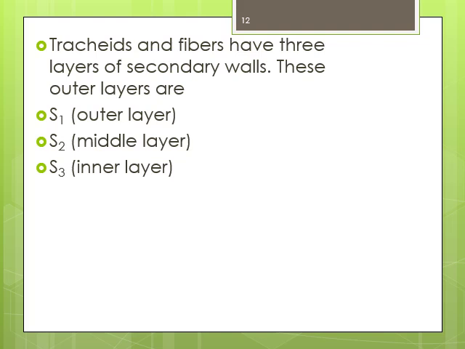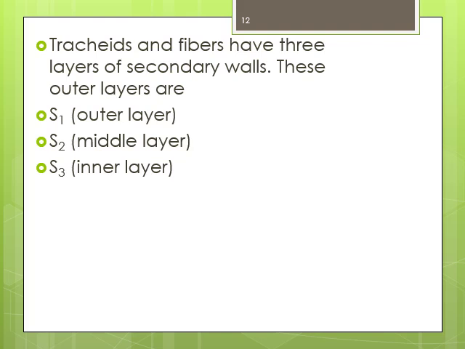In tracheids and fibers, the secondary wall is composed of three layers. The outer layer is the S1 layer, then we have a middle layer, that is S2, and then we have an inner layer, that is S3.